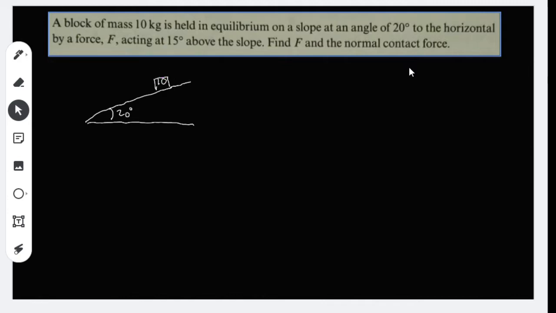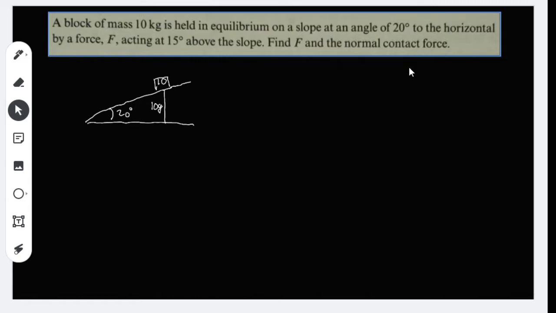Automatically, if the mass is 10 kilograms, we can say that there will be a force here going downwards. That is your 10 Newton. Or if you want to write directly, remember that in mechanics, g is equal to 10.